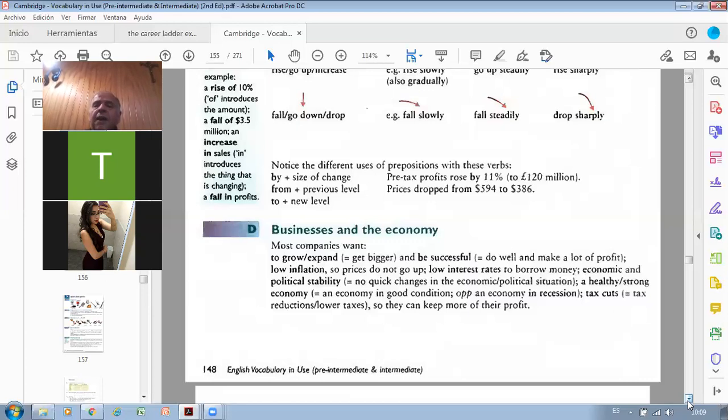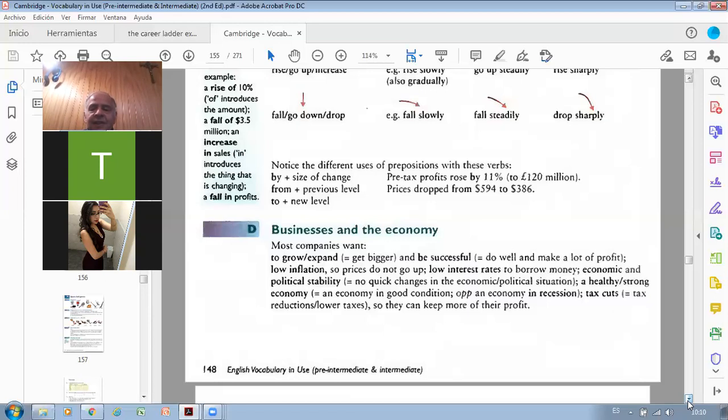But we don't have economic stability because the prices go up and down all the time. All right. So there are certain changes in the economic and political situation. Now you can talk about a healthy or strong economy, an economy in good condition. Nowadays, what can we say about our economy, girls?